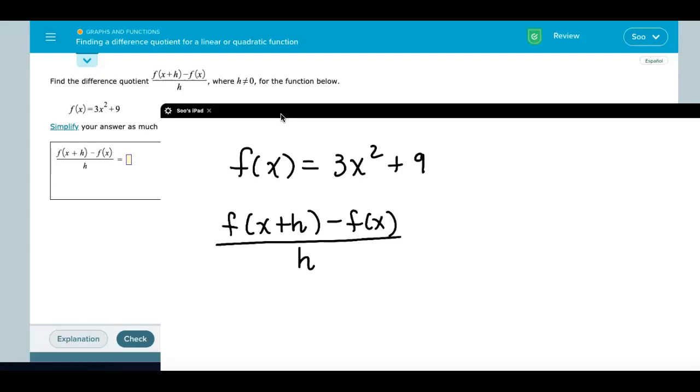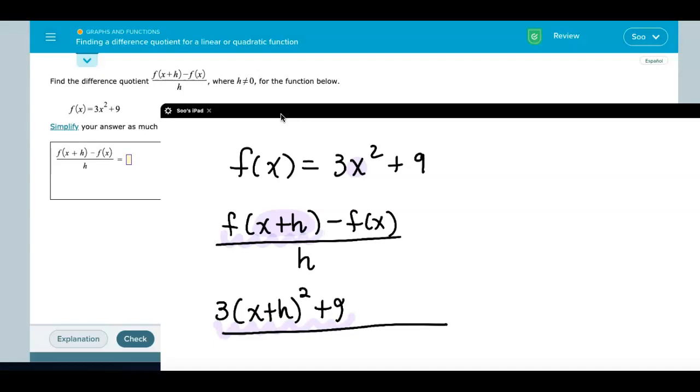So first, what I will do is I will plug in x plus h where we have x. That's what f of x plus h is. So that will be 3 parentheses x plus h squared plus 9, right? What I just wrote down, this is f of x plus h.